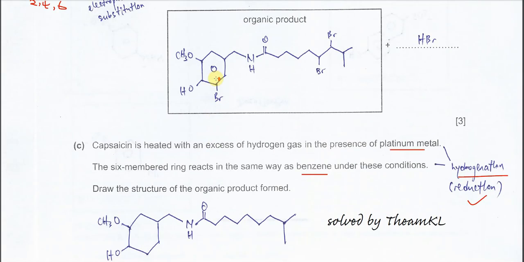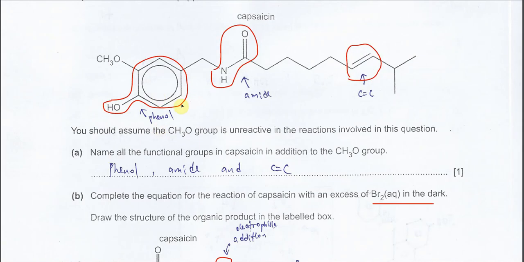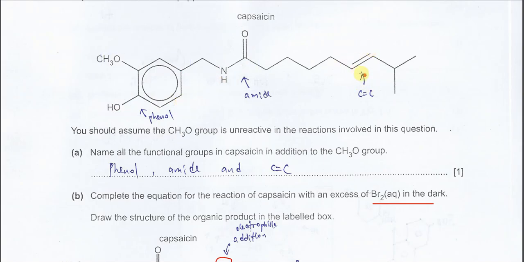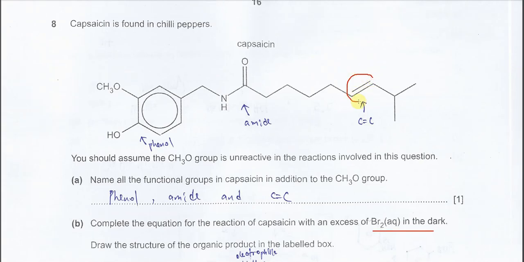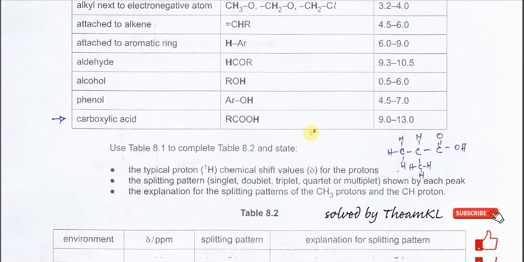So we know that this CC double bond will get saturated by hydrogen. And in the benzene ring there are 3 pi bonds, 1, 2, 3. Of course they are delocalized. These 3 pi bonds will also get saturated, and together with this, you will get this cyclic compound.